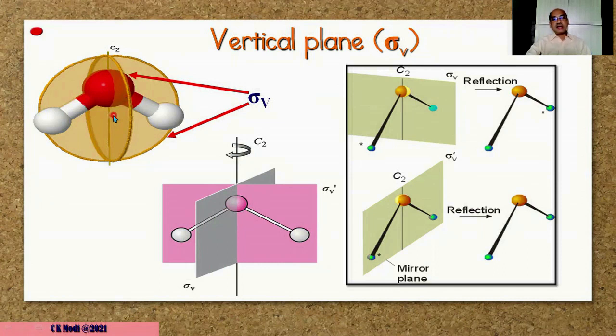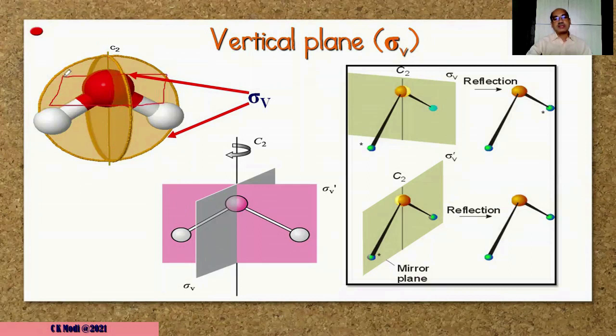Now, in the water molecule, is there any sigma H plane? Is sigma H present? So what is the condition of sigma H? Horizontal plane. It passes through the center of that molecule and divides it into two parts. And the second condition for the mirror plane is that it is perpendicular to the rotation axis.